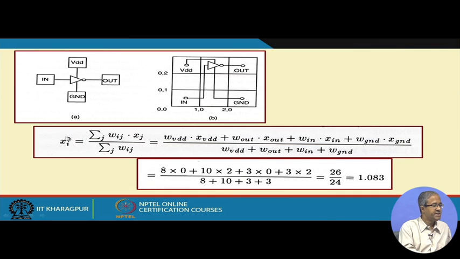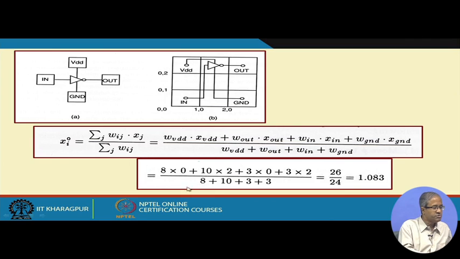Let us first calculate the 0 force x coordinate according to the equation we derived. The Wij values are already known: 8, 10, 3 and 3. The numerator, the sum of Wij times xj, has 4 j's: VDD, out, in and ground. So, W VDD x VDD plus W out x out, W in x in and W ground x ground. In the denominator is just the sum of the weights.